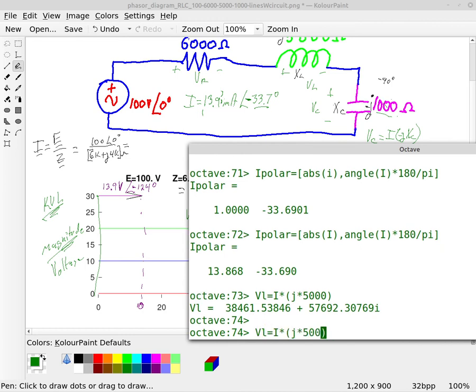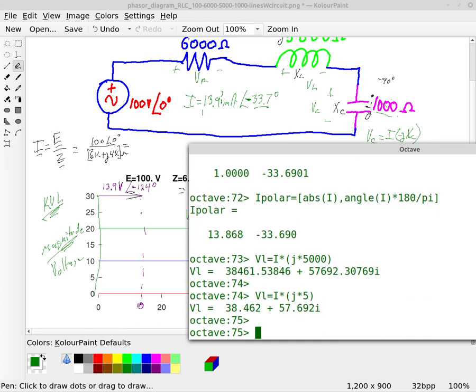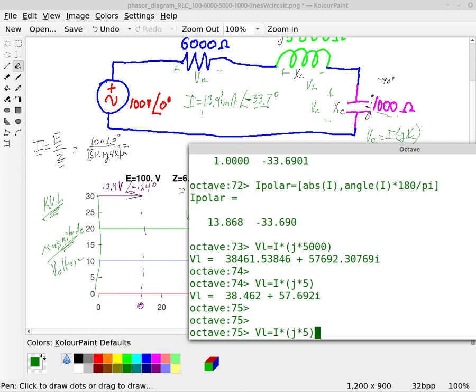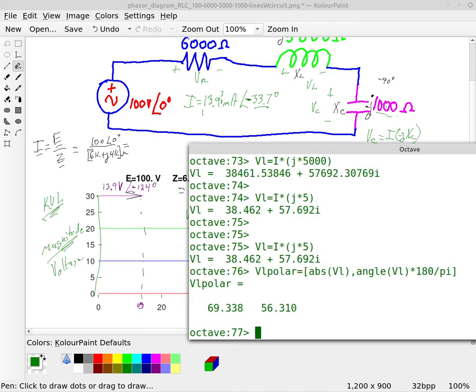Actually, I put in 5,000. I don't really need to do that. I just need to put in 5, because my current doesn't have the milliamperes in there, and that's why the value showed up. So we have VL, and then if I want to do the polar form, I'm going to change all the R's to L's here, and I will get the polar form of this. And so notice that this angle is plus 56 degrees, 56.3 degrees.